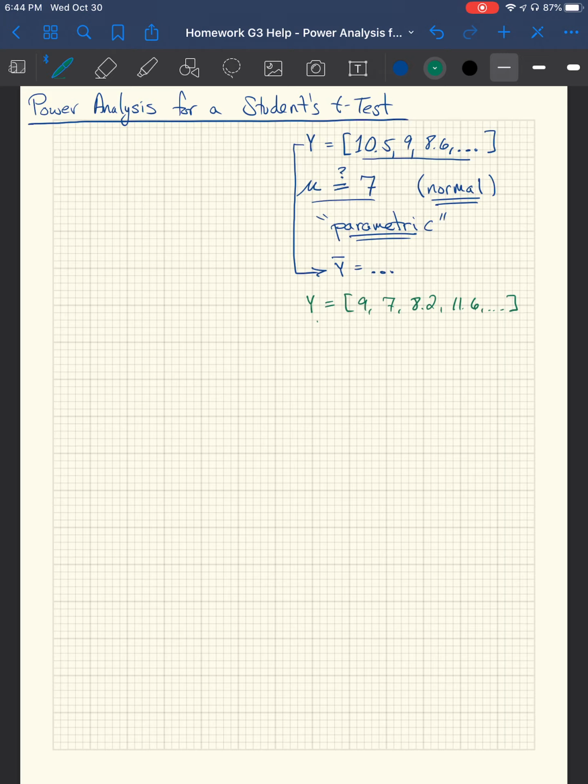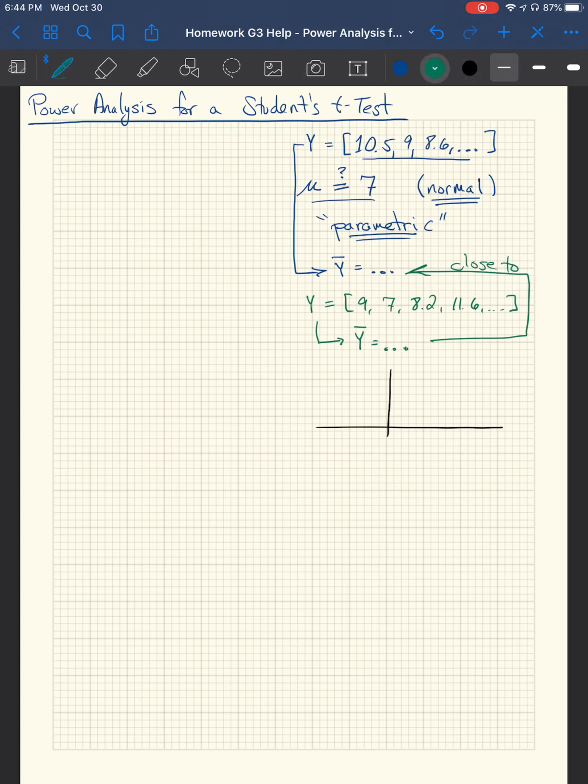Then I could calculate another sample mean from them, and this sample mean is probably going to be close to this sample mean. But they're not exactly going to match up. So basically, I am going to have some distribution of means, of mean estimates, I guess I should say.